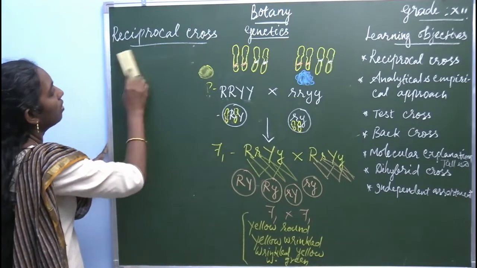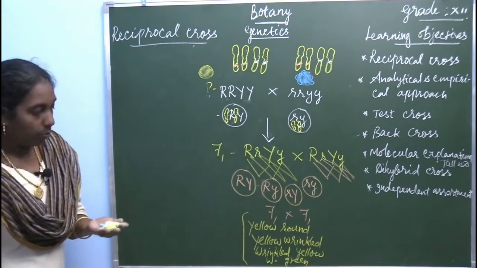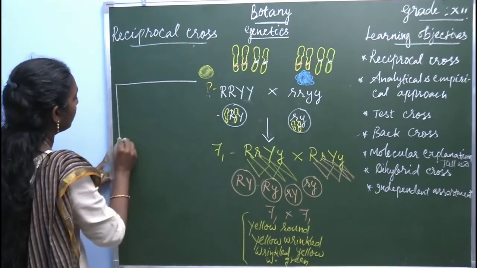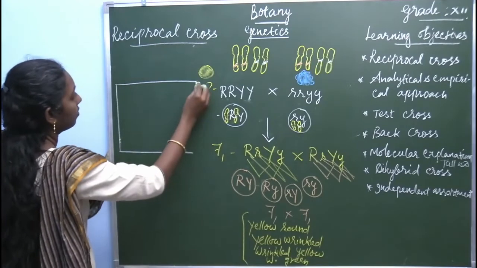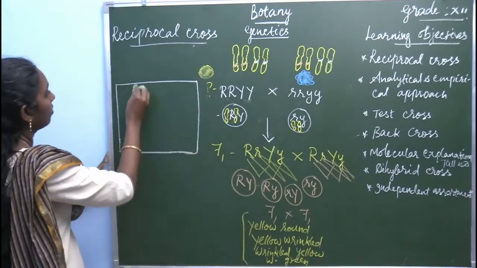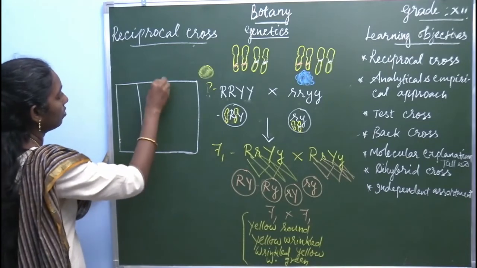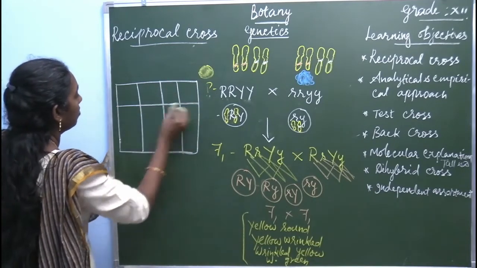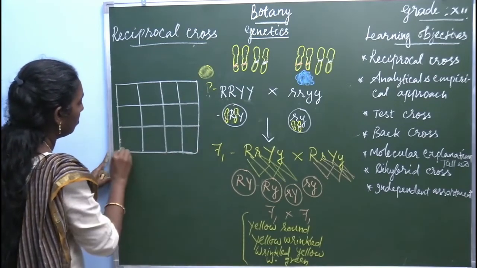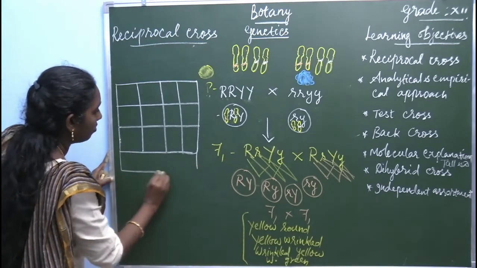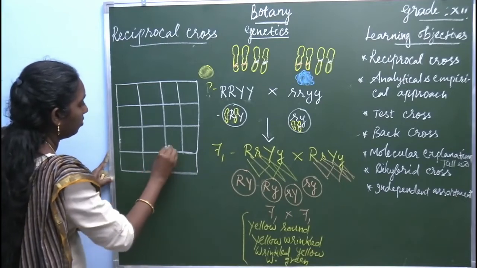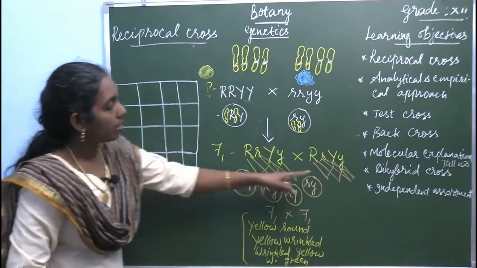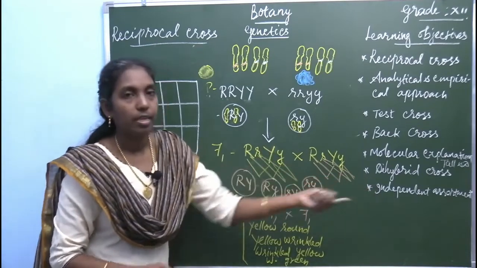Make it in the form of checkerboard. There are 16 possible gametes. Here one set take it as male, another set take it as female.